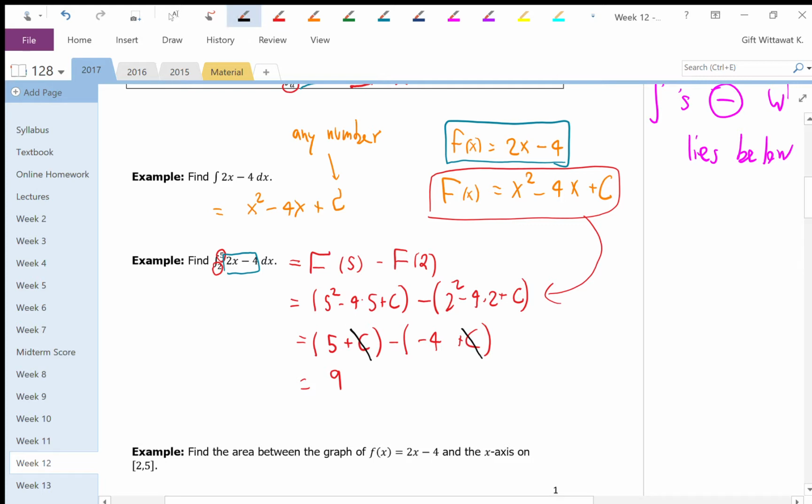So one thing we see is that the constant gets cancelled out here. But one thing I'm going to point out is that this actually always happens. The constant always gets cancelled out.